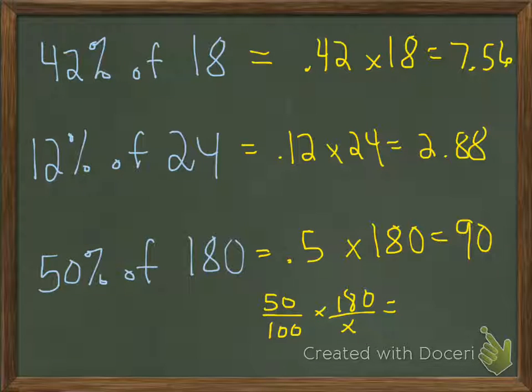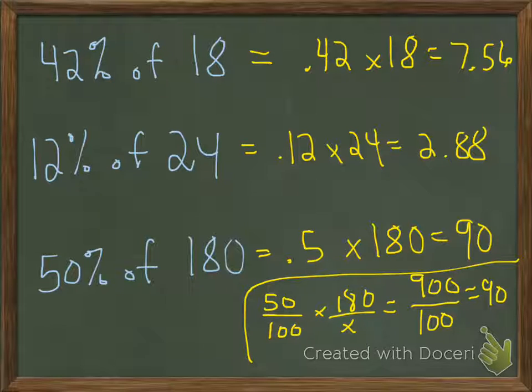And you multiply 50 times 180, you're going to get 900. But then when you divide that by 100, you get your 90. That's sort of the mechanics behind it, but the little trick behind it is just turn it into a decimal and then multiply it, and then you would get your percent of the quantity.